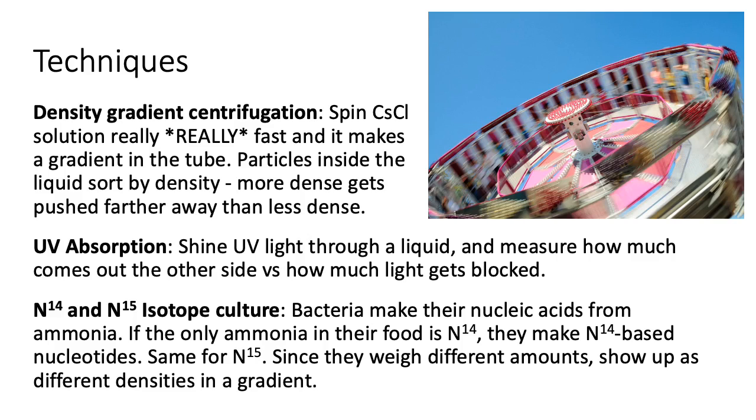And the other thing they did was they grew bacteria in radioactive nitrogen. Or I should say, they know that bacteria make their nucleic acids, not amino acids, from ammonia. That's the chemical process of how bacteria make nucleic acids.